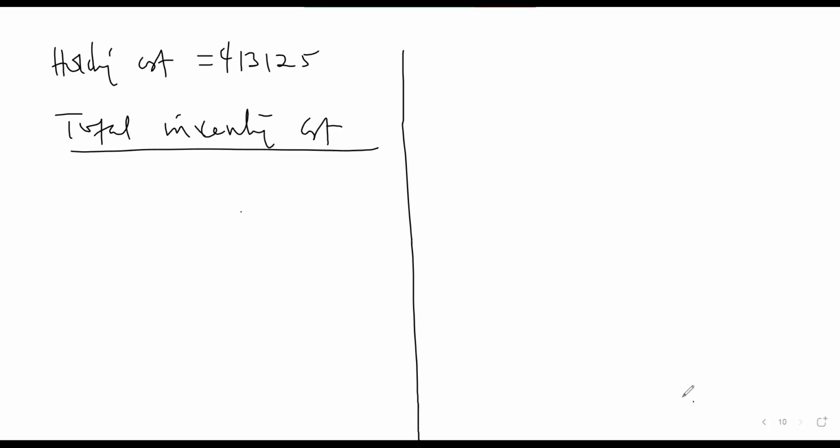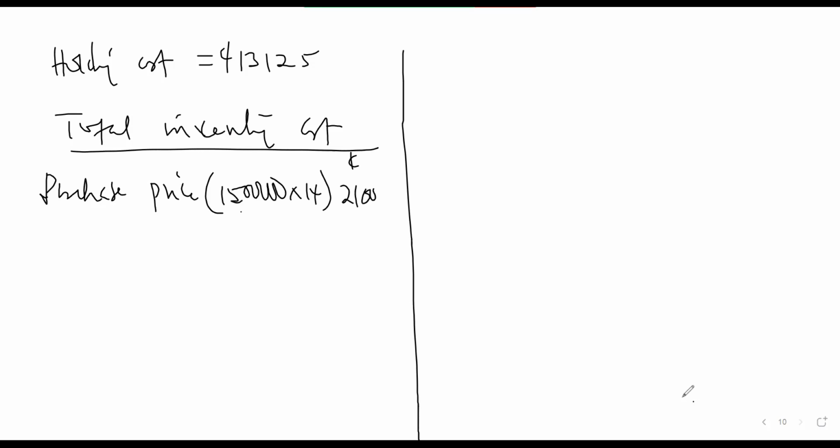The total inventory cost will be the purchase price. Okay, the purchase price is currently 1.5 multiplied by 14. What are we having? That's 21.